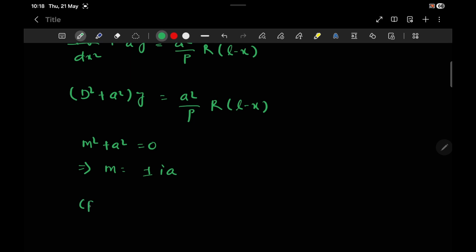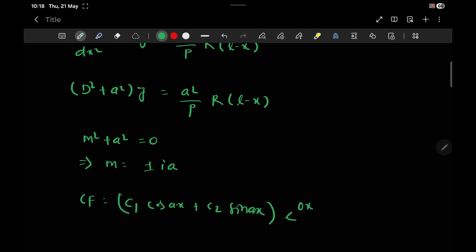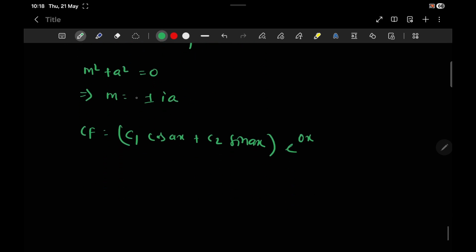So the complementary function is c1 cos ax plus c2 sin ax, multiplied by e to the power 0x. As we have alpha and beta, alpha is 0 and beta is a. So the complementary function will be c1 cos ax plus c2 sin ax.